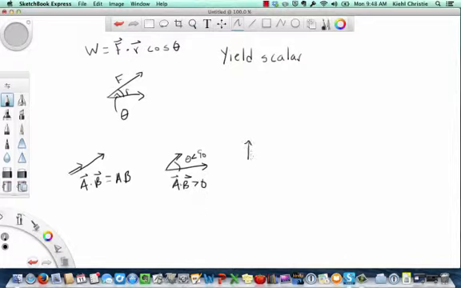If A and B are separated by a 90-degree angle, then A dot B equals 0 because the cosine of 90 is 0. And then after this, we have greater than 90.